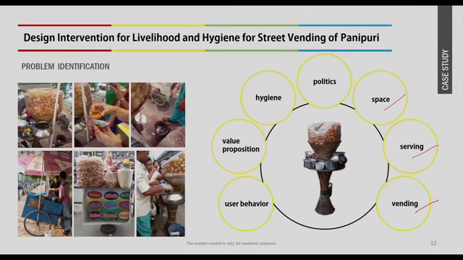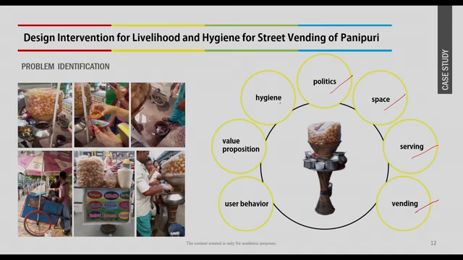To sell in a place, you have to give some token amount to be a part of the community. There are issues related to politics. Where these wheel carts are selling, the stand carts cannot sell their pani puri.